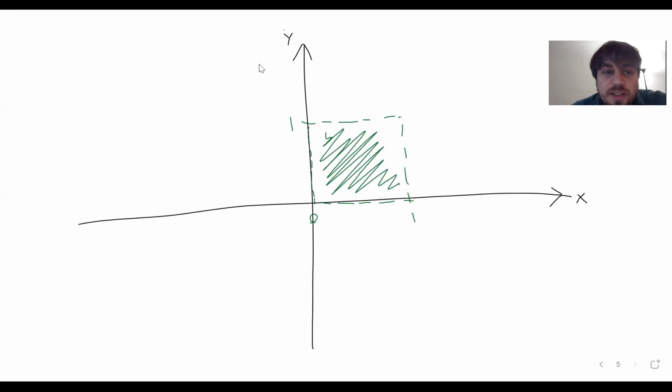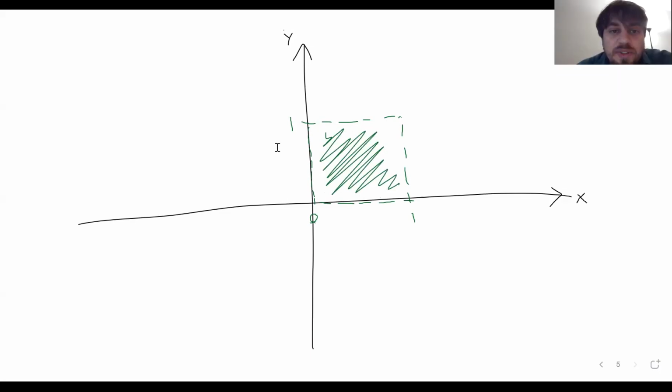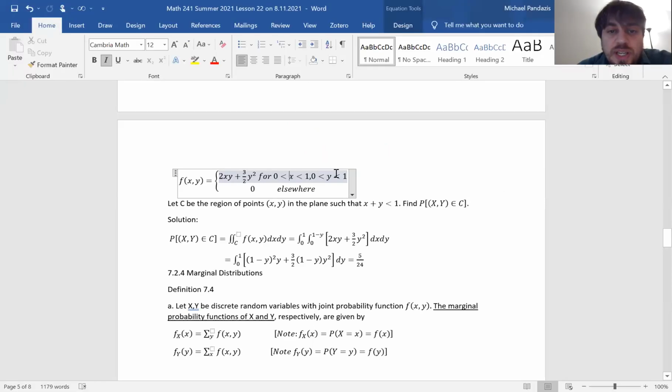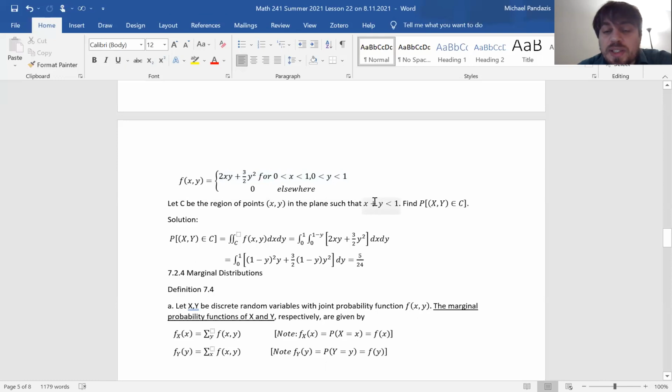So again, let's look at Word. For x between 0 and 1 strictly and y between 0 and 1 strictly, we have this, and it's 0 everywhere else. Let C be the region of points in the plane such that x plus y is less than 1. Find the probability that x and y take on values where the corresponding little x, little y is in this region C, where little x and little y satisfy that inequality.